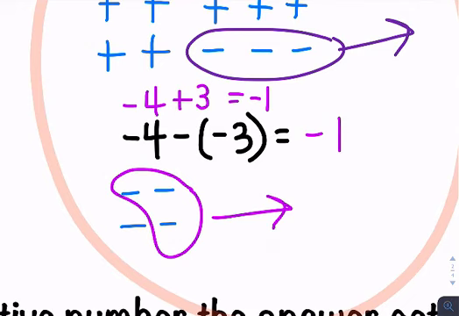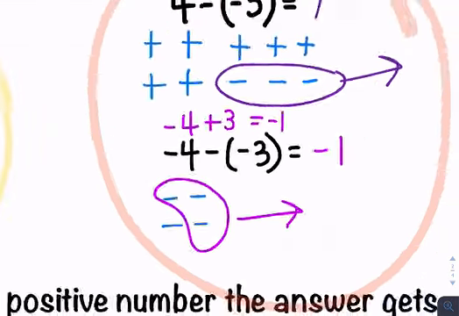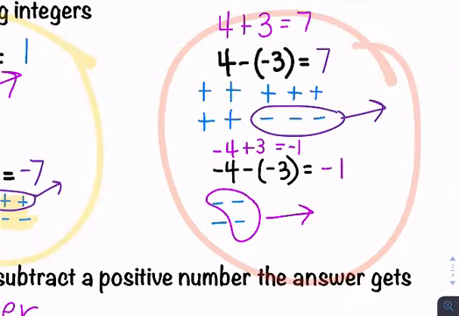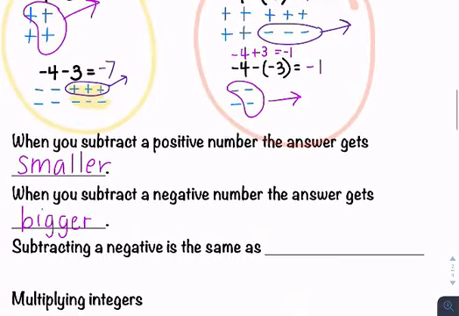So we can rewrite those subtracting negatives if it makes more sense. Otherwise, drawing the pictures is just fine. So we want to finish this sentence. Subtracting a negative is the same as adding a positive.